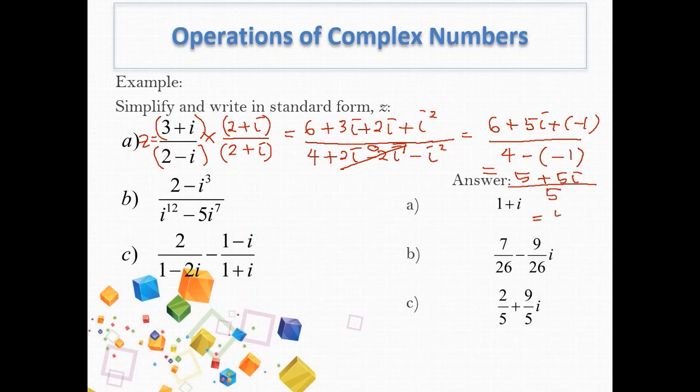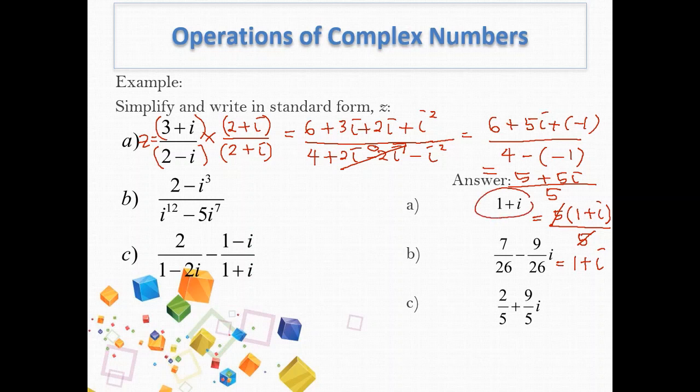So take 5 out, factor the 5 out, that will leave in the bracket 1 plus i, over 5. Cancel out 5, that will leave us with only 1 plus i. Ta-da! 1 plus i.